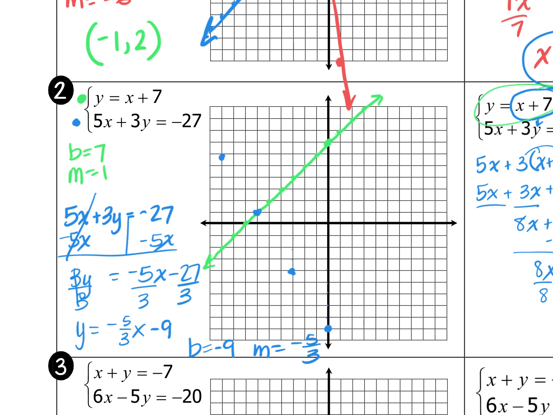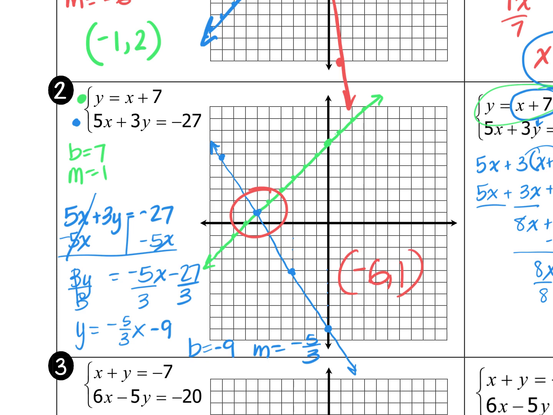It's a line. But if I'm asking you guys to do straight lines, I should try and do a straight line. It's just tedious to get the ruler out on this. So, point of intersection, negative 6, 1. Is that what we got when we did substitution? Yep. Awesome.